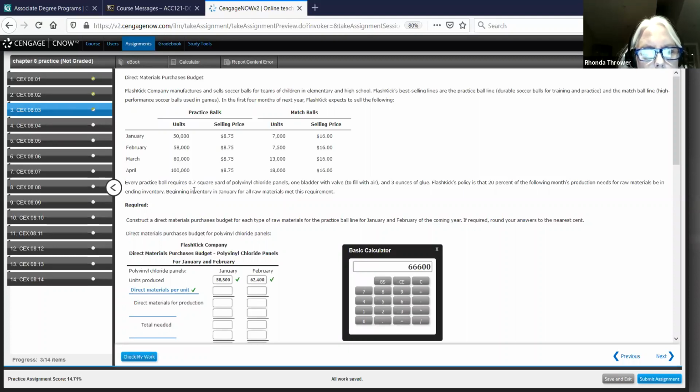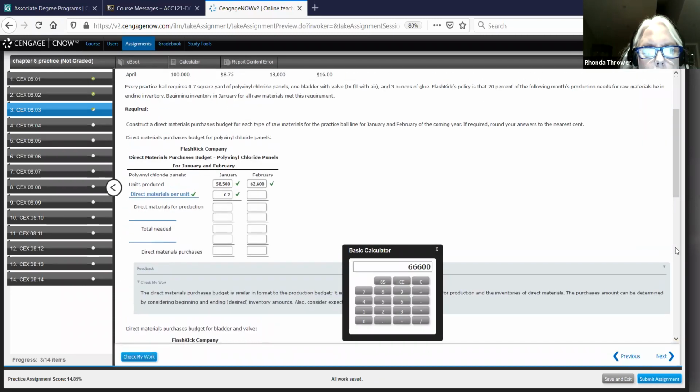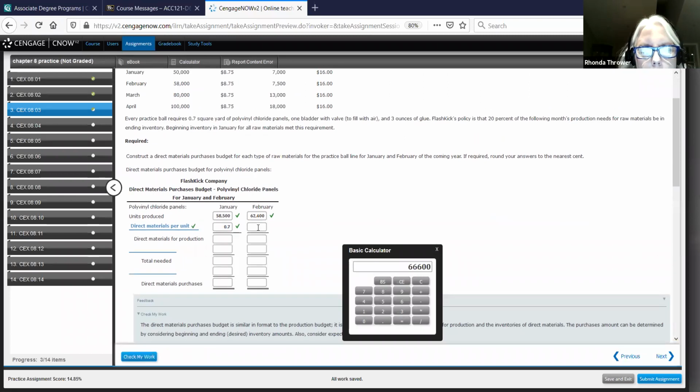And the information tells you that it takes 0.7 square yards to produce one bladder. And this is one of those panels that we're going to pick up here. So the direct materials per unit is 0.70. So I'm going to put that there and see if that's what they wanted there. And it is. And it's going to be the same for February.